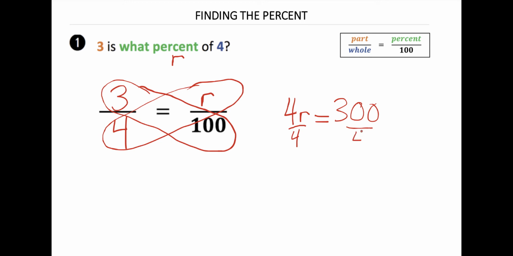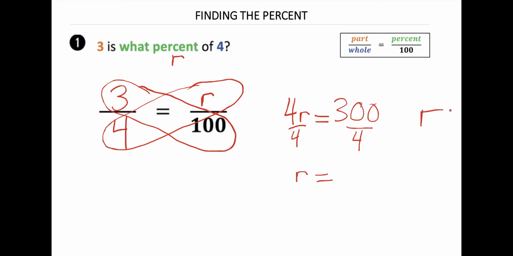But I have to do the same thing to the other side. Remember, this is an equation, and if I do something to one side, I've got to do the same thing to the other side. So I've isolated my variable, which is r, by dividing by 4. So let me write r down here, and then let me set it equal to 300 divided by 4.